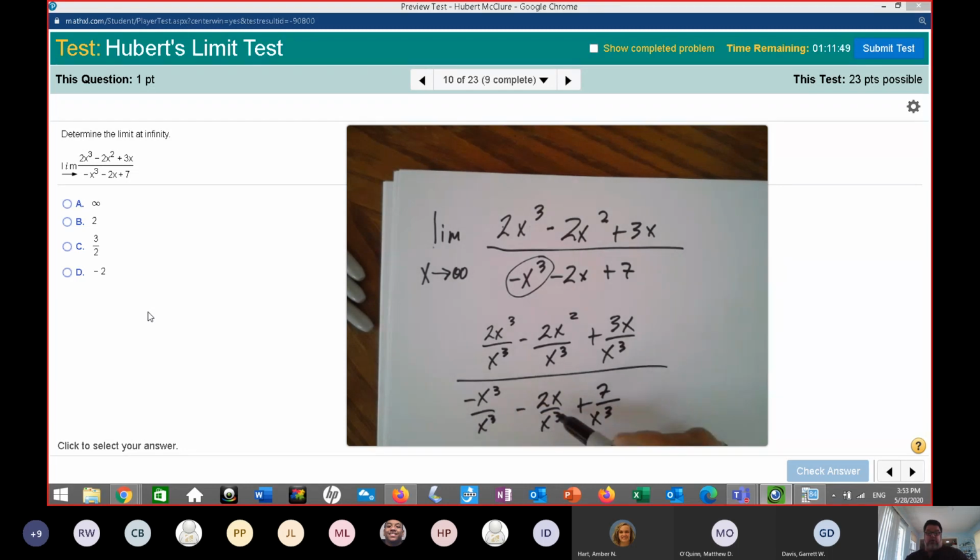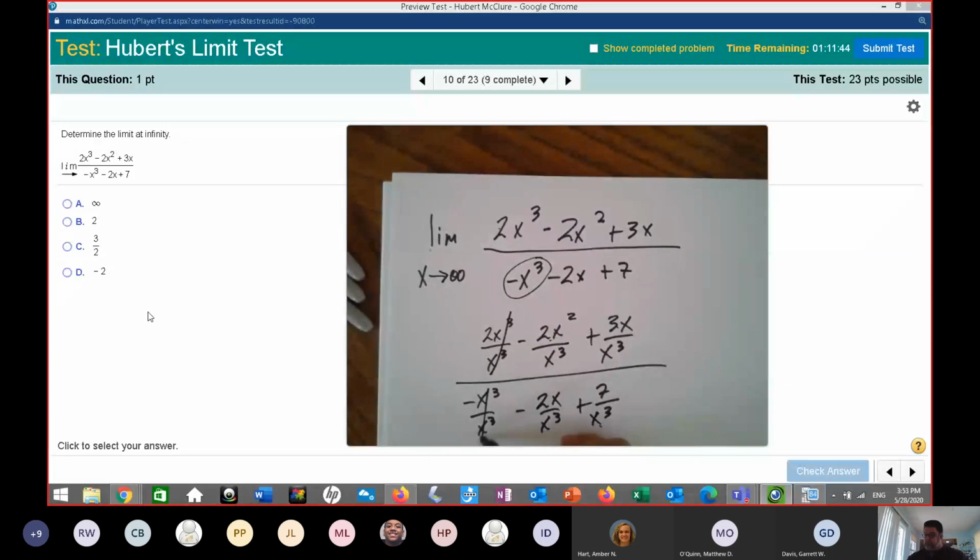And what are these four going to go to? What's 2 times infinity over infinity cubed? That's going to go to 0. That's going to go to 0. That's going to go to 0. And that's going to go to 0. And you're left with 2 over negative 1. And what is 2 over negative 1? Negative 2.